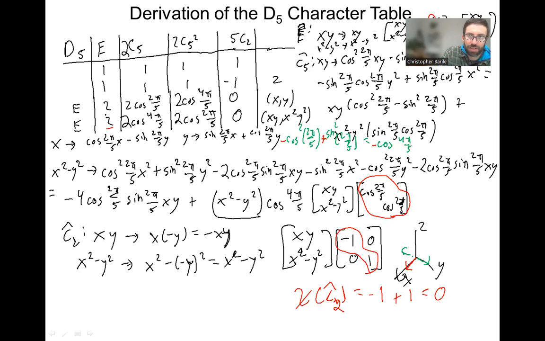Dimensionality just means the character under the identity. Remember, these E's are not the same as this E, which is unfortunate that those are named the same thing. And then for dimensionalities of 1, we put A's or B's. If we're symmetric with the principal rotation axis, we call it an A. If we're anti-symmetric, we'll call it B. This is the principal rotation axis, C5. We're both positive here, so we give it 1s.